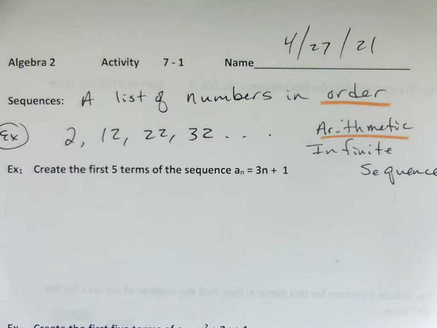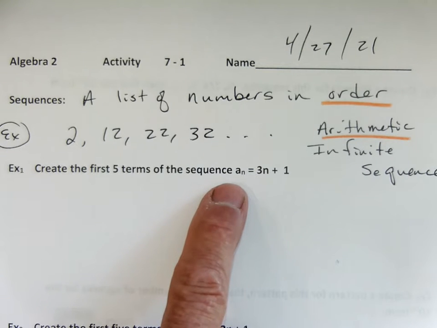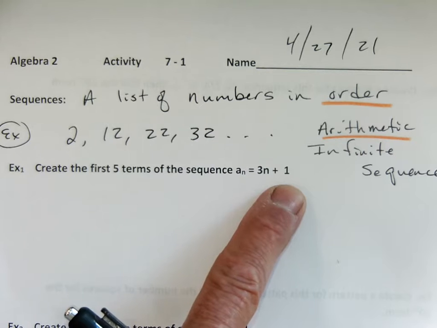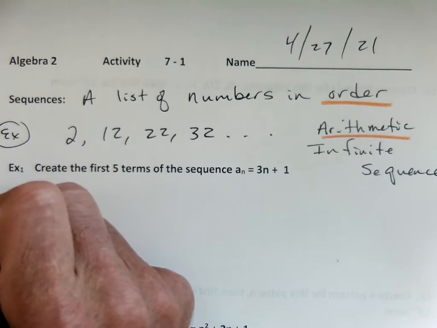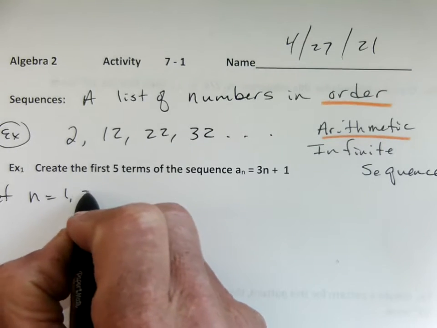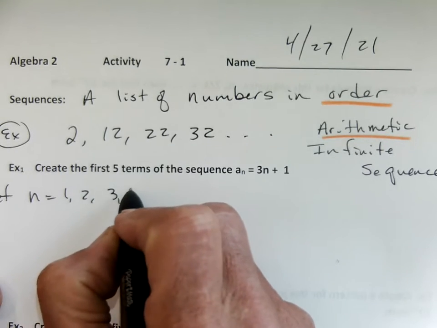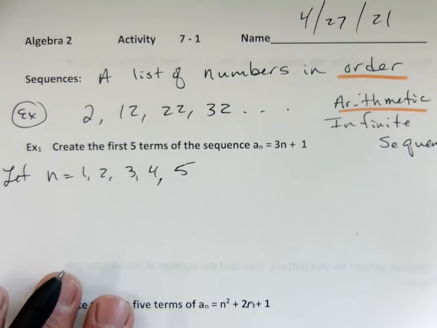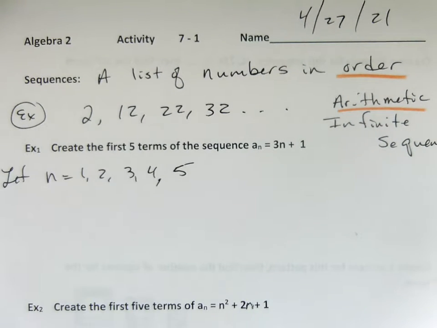So example 1, let's create the first 5 terms of the sequence A of n equals 3n plus 1. So if we're going to create the first 5 terms, we're going to let n equal 1, 2, 3, 4, 5. Okay? And we're going to just plug in 1, 2, 3, 4, and 5.